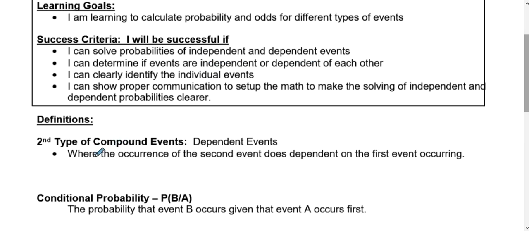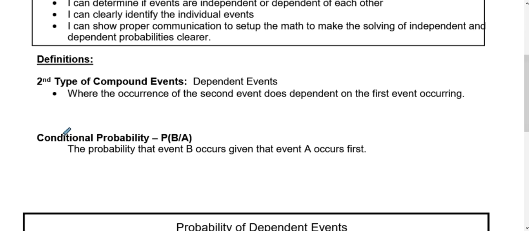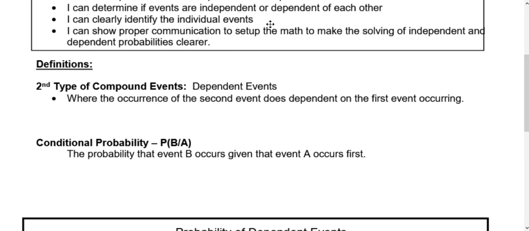So basically a dependent event is where the occurrence of the second event does depend on the first event occurring. And the way that looks or sounds when you're reading a problem is there's this conditional probability. And this is going to be the key part when trying to solve questions on this.